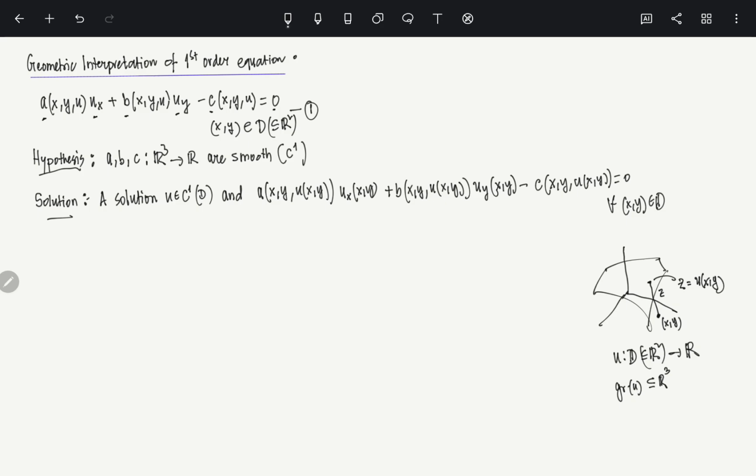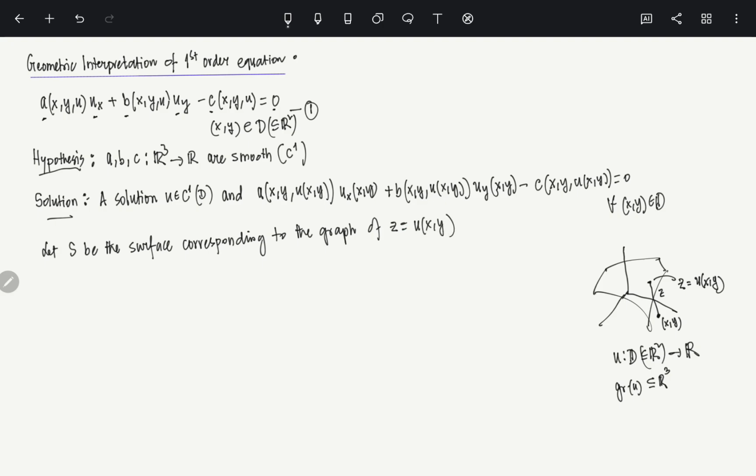So let S be the surface corresponding to the graph of this function, z equals u(x, y). I hope it is clear what I am trying to do here.